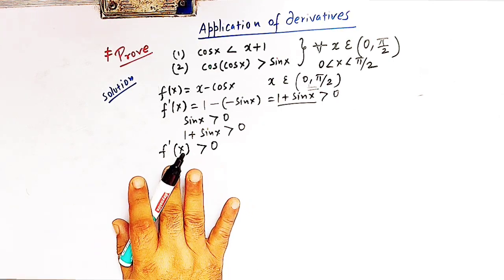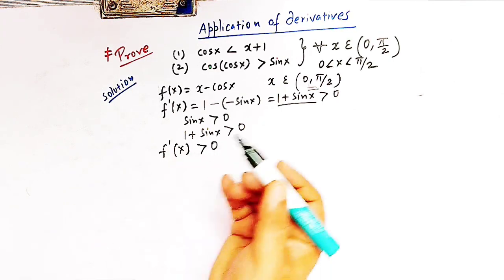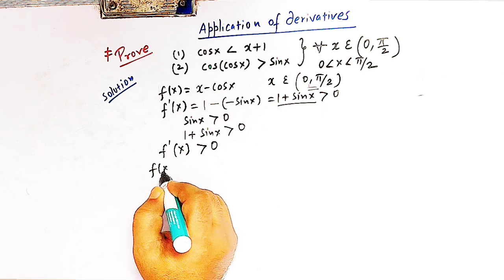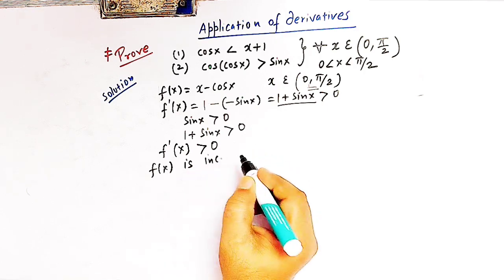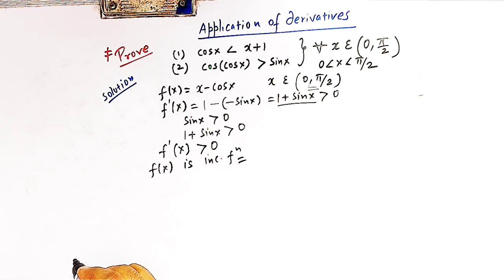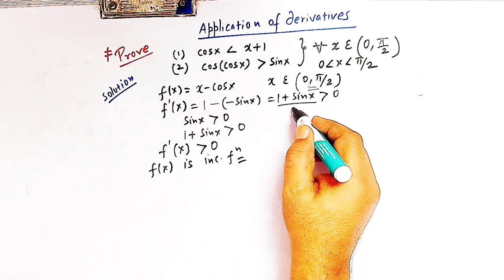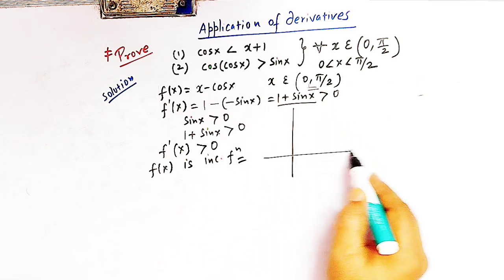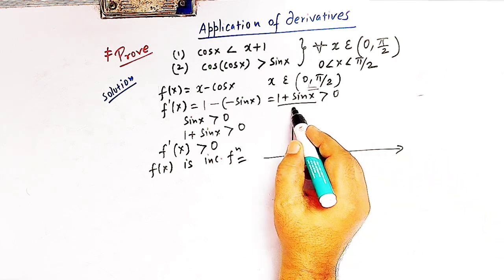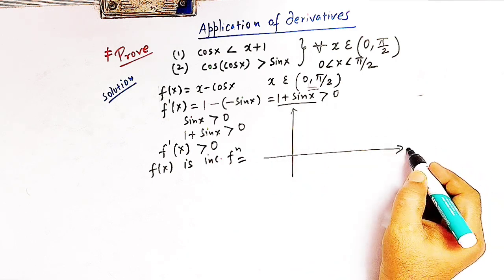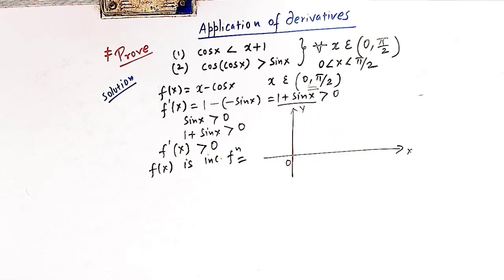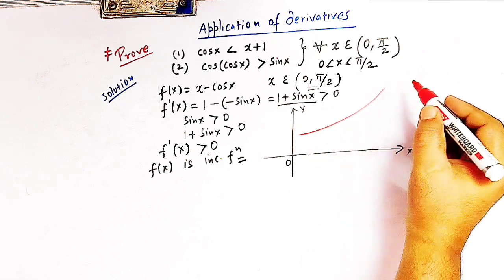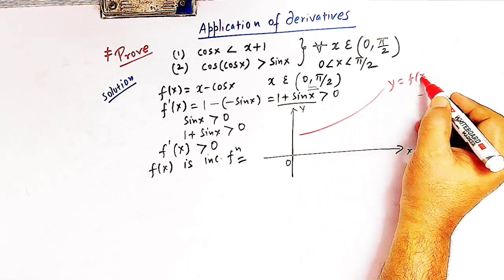So when the derivative is greater than 0 or positive, then the function f of x is said to be an increasing function, right? So here let us quickly see another definition of increasing function. Here we have the axis, and let us take an increasing function, say y is equal to f of x, right?